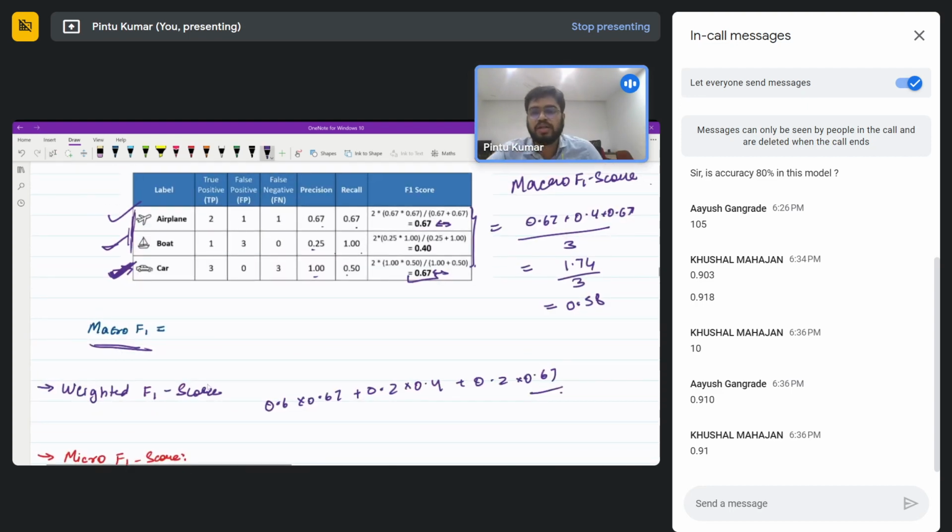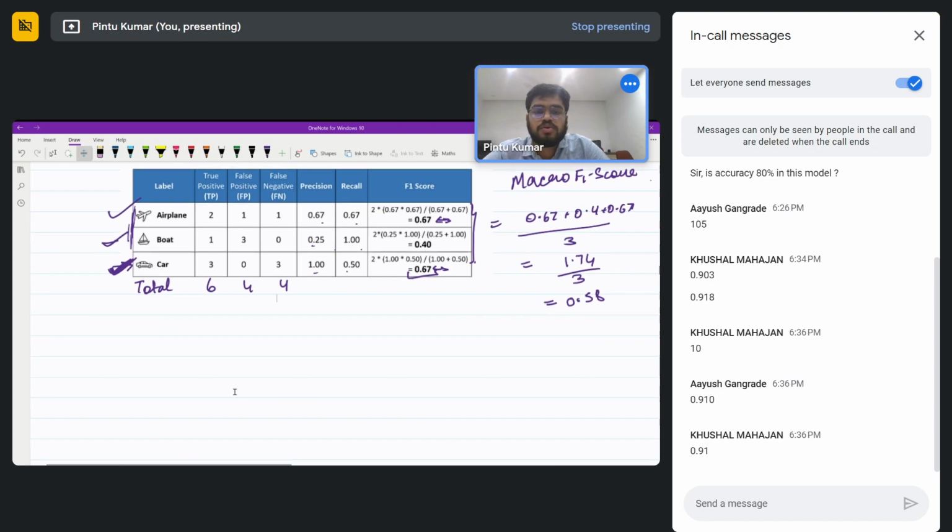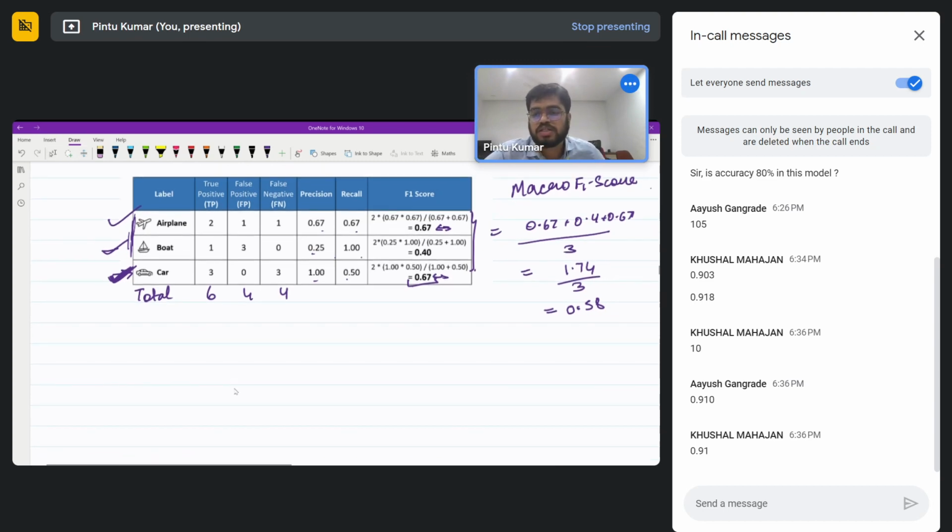For example, in this case, what is the total number of true positive values? This is 6. What is the total number of false positives? This is 4, and 4. So what would be the precision for this? Precision would be 6 divided by 10, right? So this is 0.6. What would be recall?